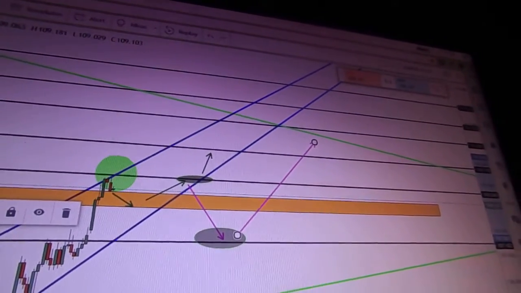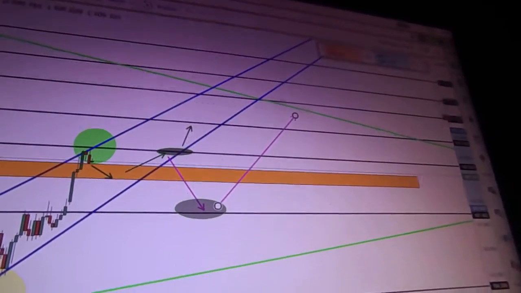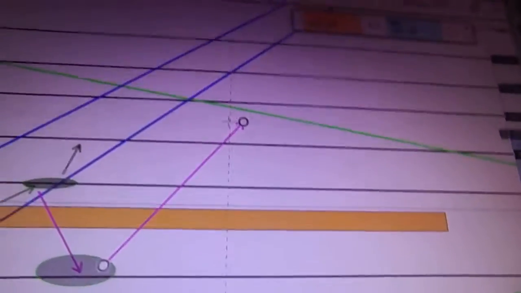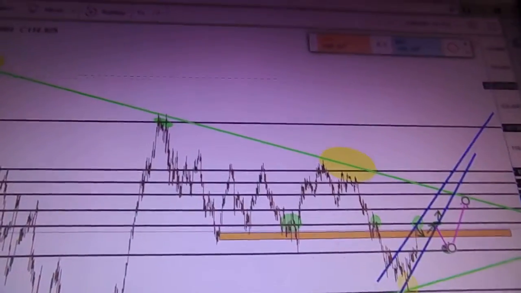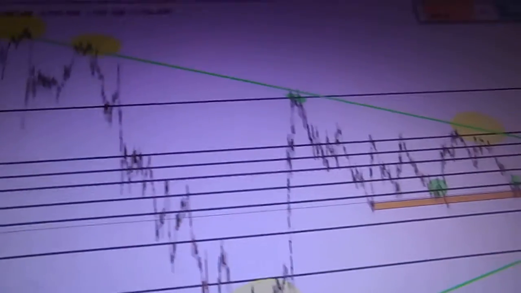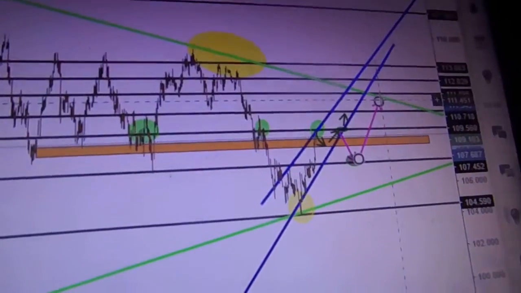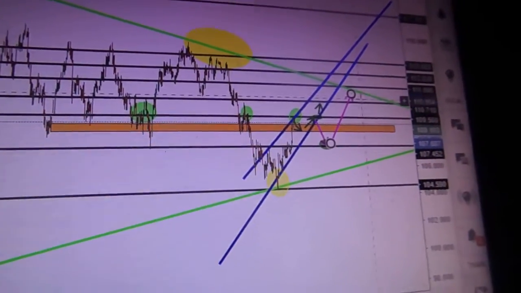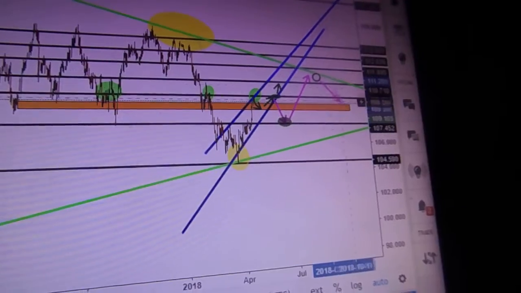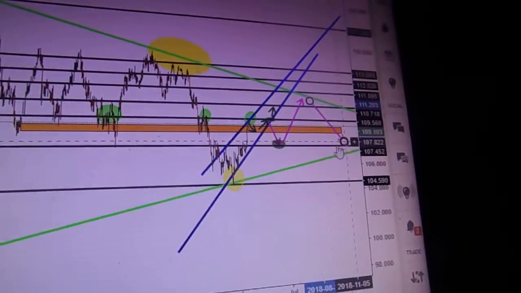And then once it tests that trend line, it will be a sell, because as we see, this major trend line right here, once it's tested, this major trend line has not been broken right here. It has not been broken. So once it's been tested, if it tests there and it's resistance, then it will be a sell, definitely.